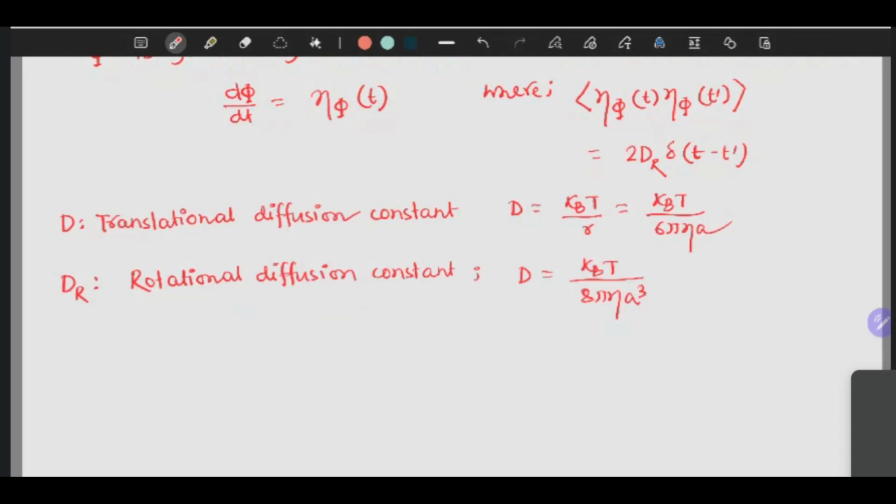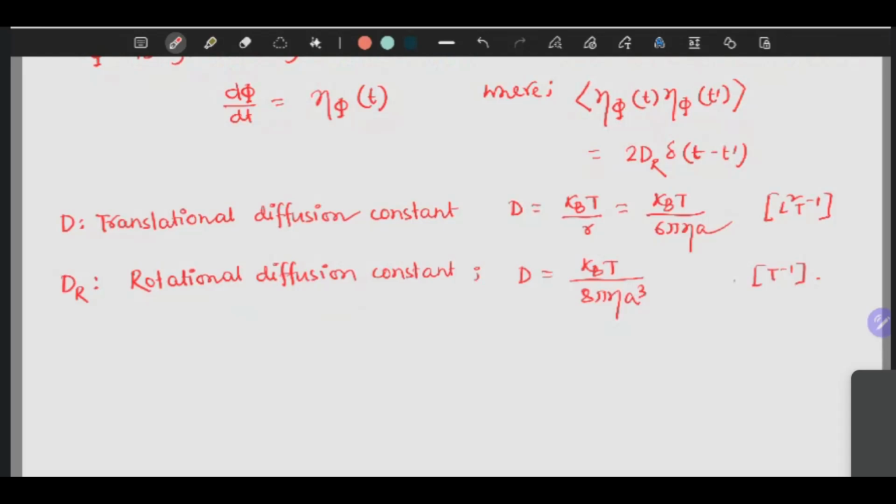If you see, D has a unit of L^2 T^-1, and D_r has a unit of T^-1. That's the main thing about this.